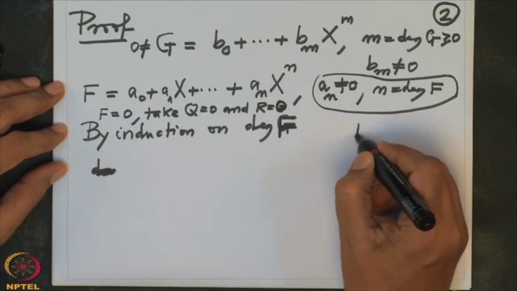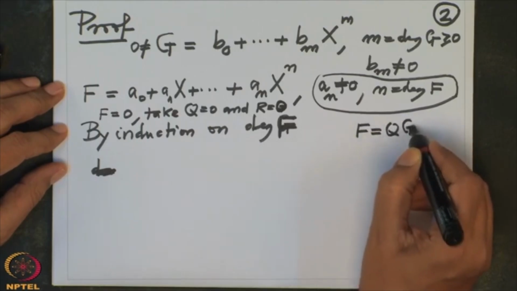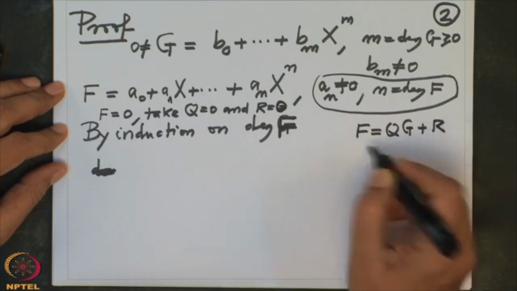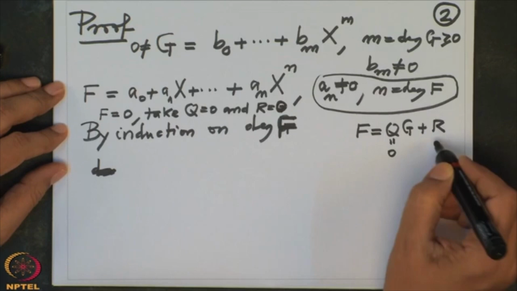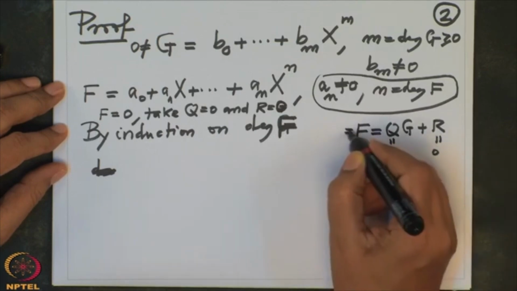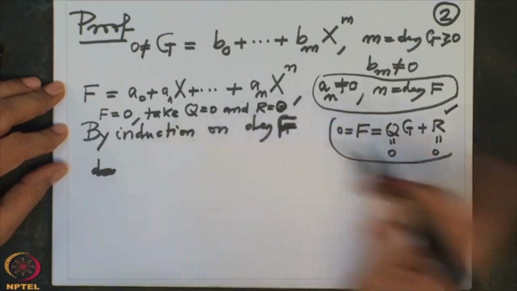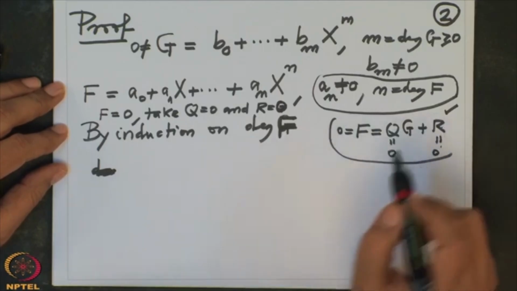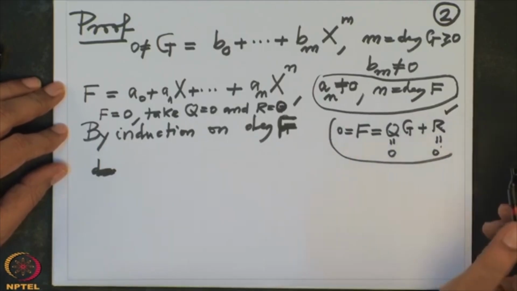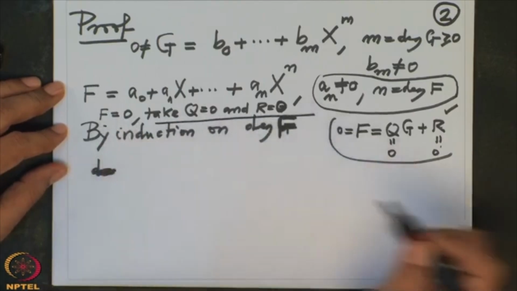Let us write the equation we want to satisfy: f should be equal to Qg plus R. If f is 0, I take Q as 0 and R also 0, so obviously this equation is satisfied. There is no condition on Q, and the condition on R, that R is either 0 or the degree of R is strictly less than the degree of G, is also satisfied. So if f is equal to 0, it is very easy.